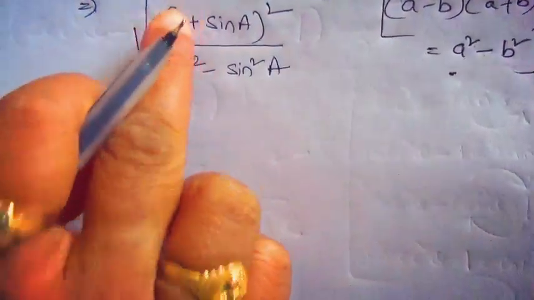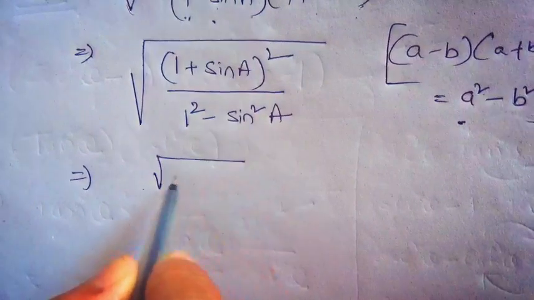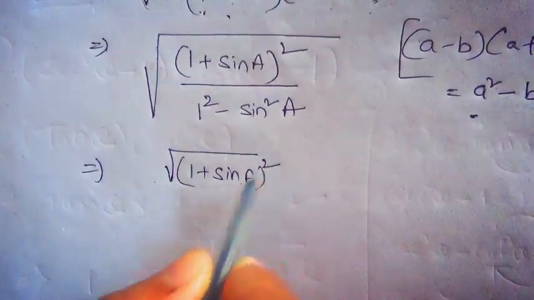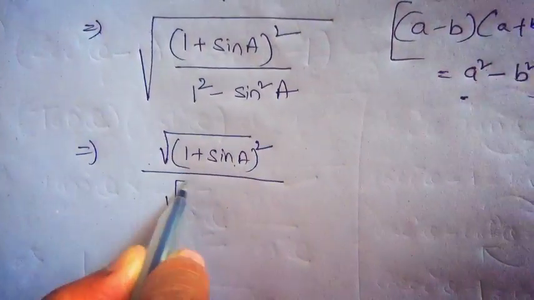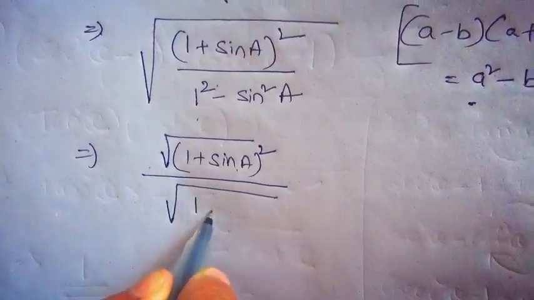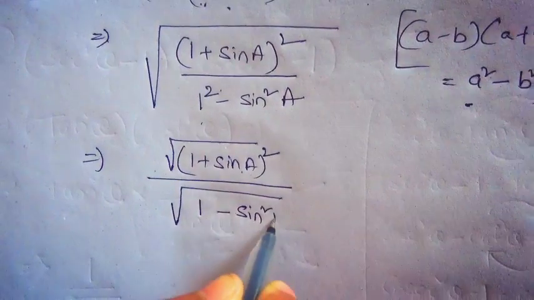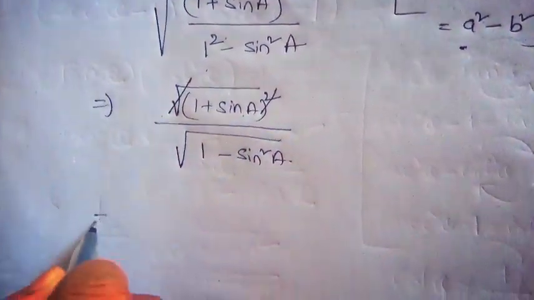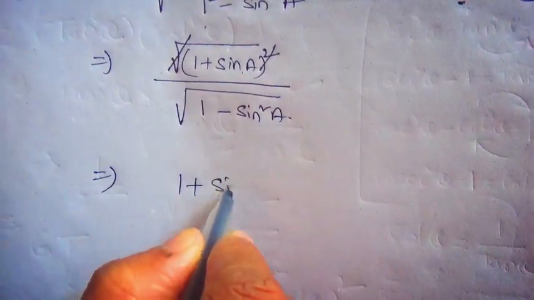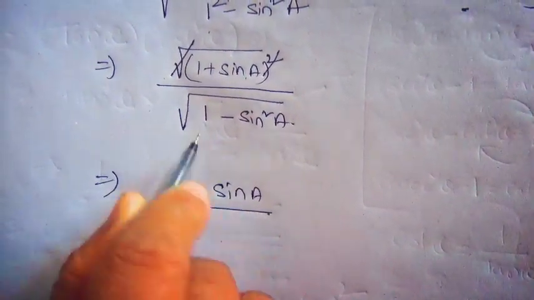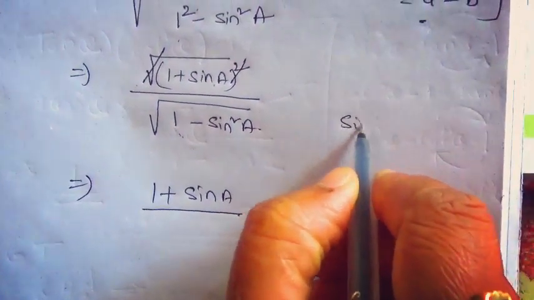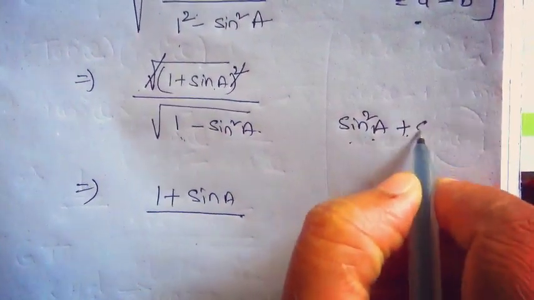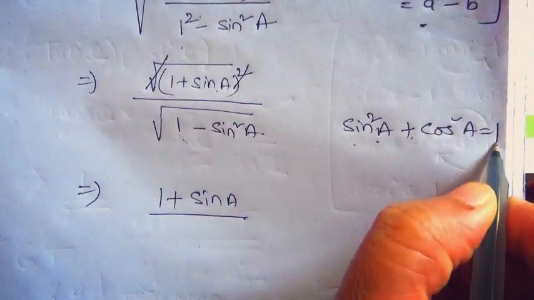I am separating this root for both the numerator and denominator: square root of (1 plus sin a) whole square, by square root of 1 minus sin square a. Look here, the square root cancelled. So that implies 1 plus sin a by, here we have one trigonometric identity: sin square a plus cos square a is equal to 1.